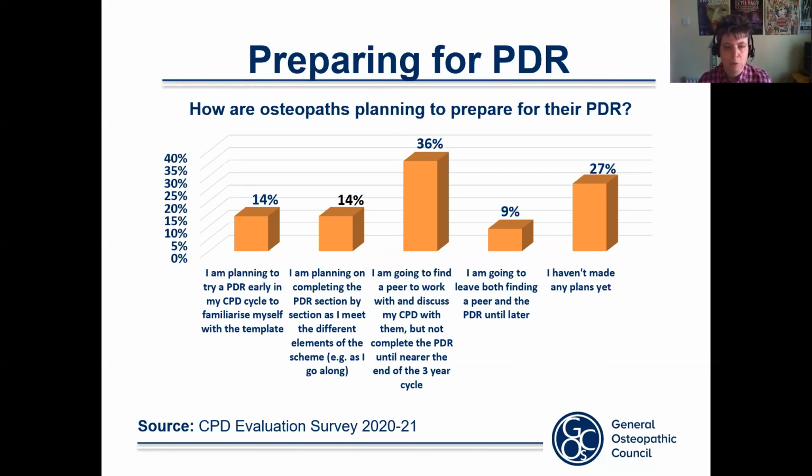And then we see in equal measure, 14% each, that some are planning to try a peer discussion review early on in their CPD cycle so as to familiarise themselves with the template, or they're planning to complete the peer discussion review section by section as they meet the different elements of the scheme, e.g. as they go along. But you can also see from this graph that 27% of osteopaths haven't made any plans yet of how they're going to prepare for their peer discussion review.